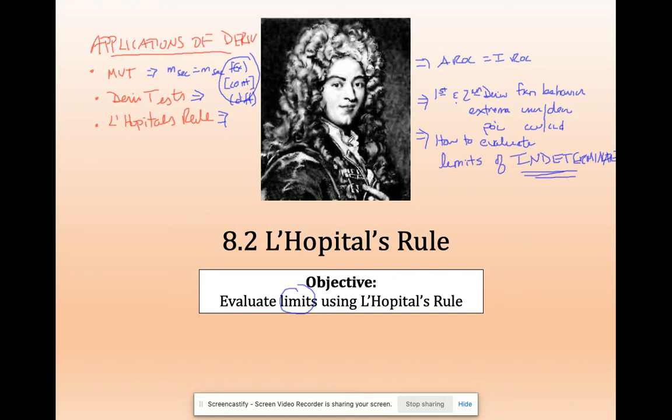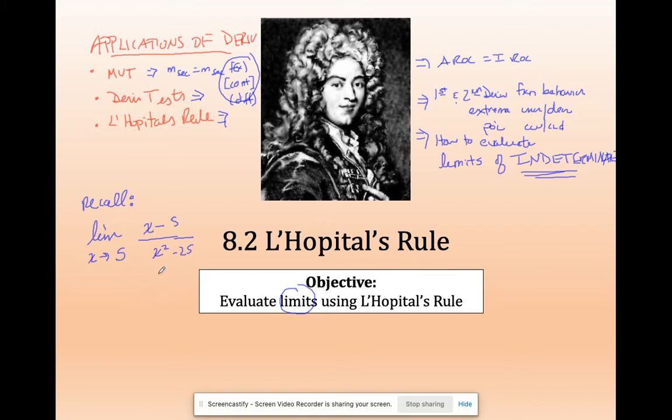So I want you to recall a problem like this. If I said, what is the limit as x approaches 5 of x minus 5 over x squared minus 25? Right? Do you remember that?